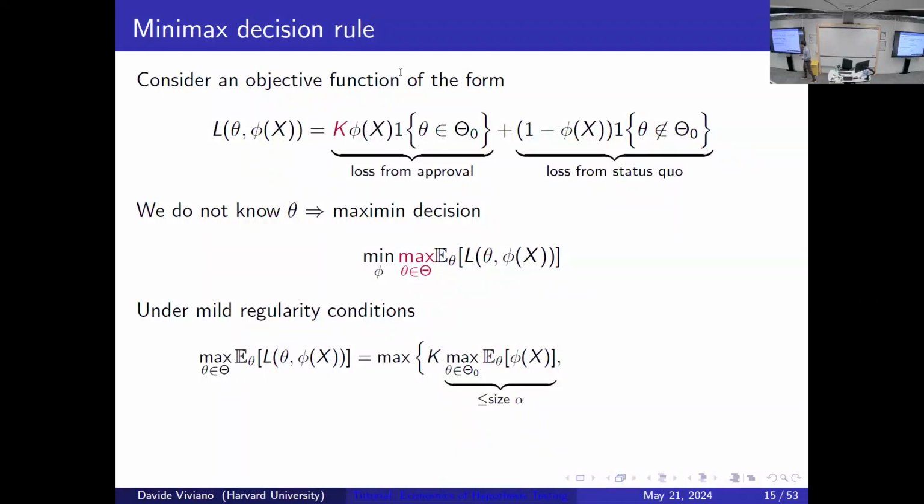So either we're going to pay a price kappa, and then I'm going to make it the worst off I can. So I'm going to look at the largest value of your test under the null hypothesis, and so I'm going to force theta to be in the null space. And now what is this value? Well, typically it is less than or equal to our size, so you can think about this component to be equal to our alpha.